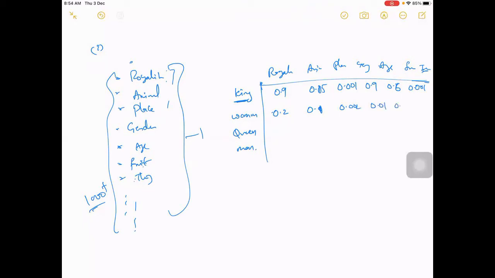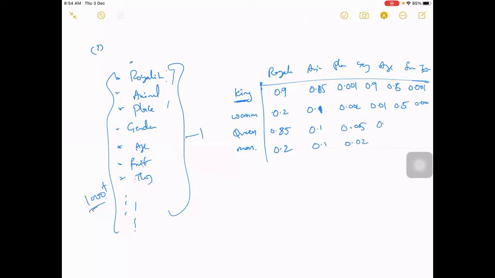Age wise, let's say 0.5. Queen, royalty wise again, it's more, so let's give 0.85. For man, we can't say much about royalty, right? I'm just giving these values randomly.